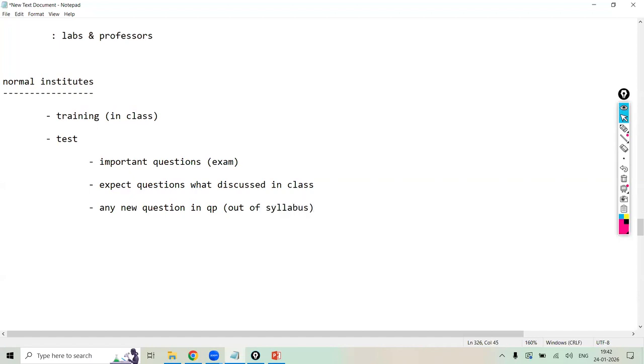Exactly the same question has to be explained in class, and they have to give the question and answer, and literally we have to memorize them by heart, go to the exam hall and write that. So if any new question comes in the question paper, literally we say it is out of syllabus, the question paper is tough.